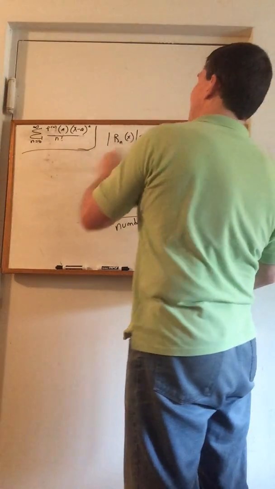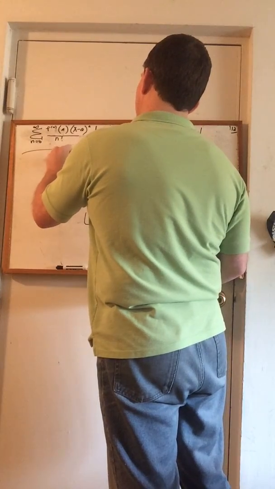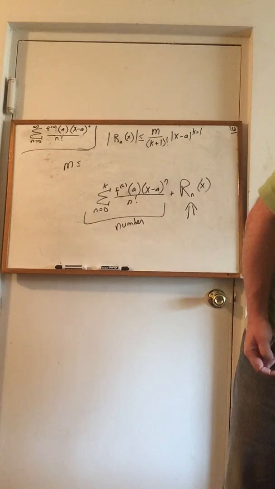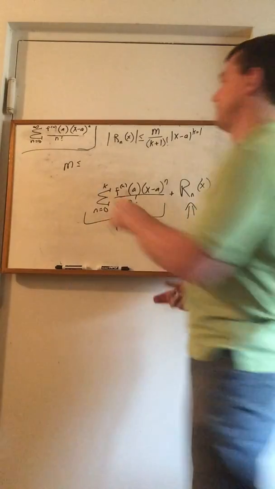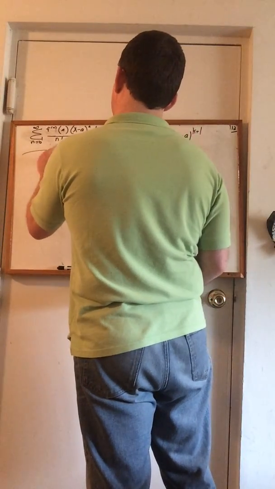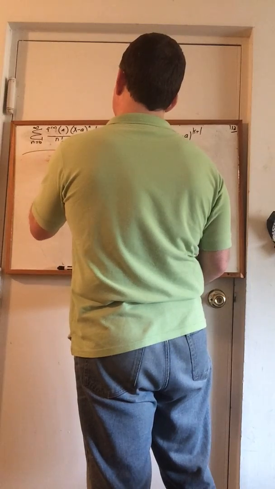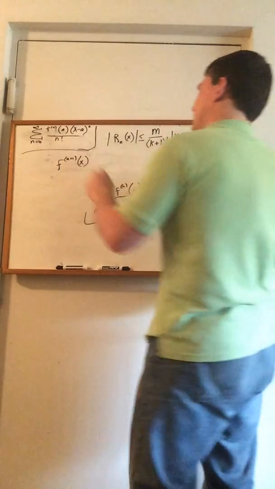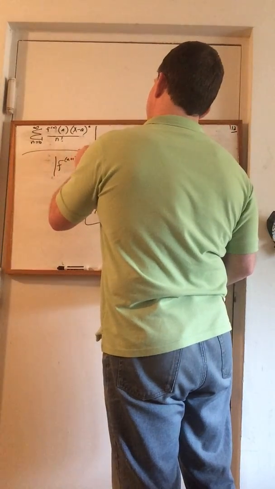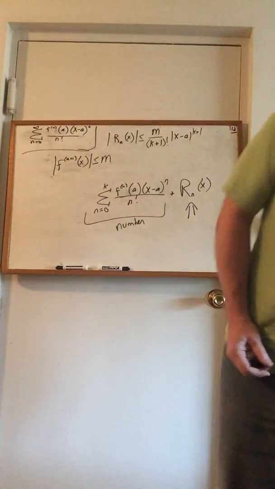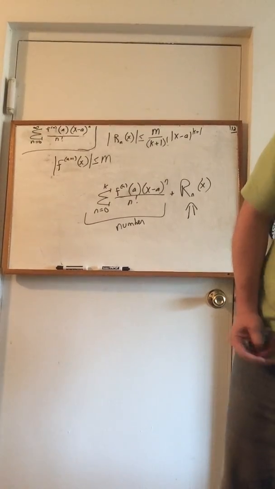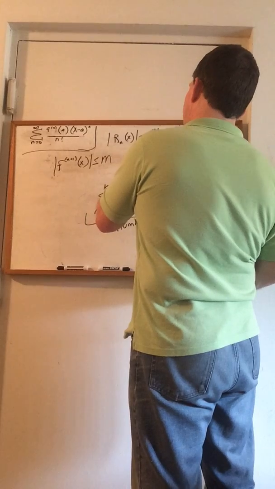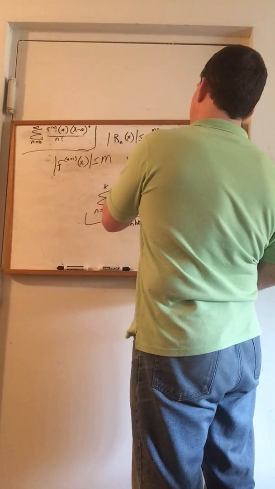And for this M right here, it has to be true that M is greater than or equal to, I wrote it backwards, the absolute value of f to the n plus 1 of x is less than or equal to M for all x's in your interval of convergence.